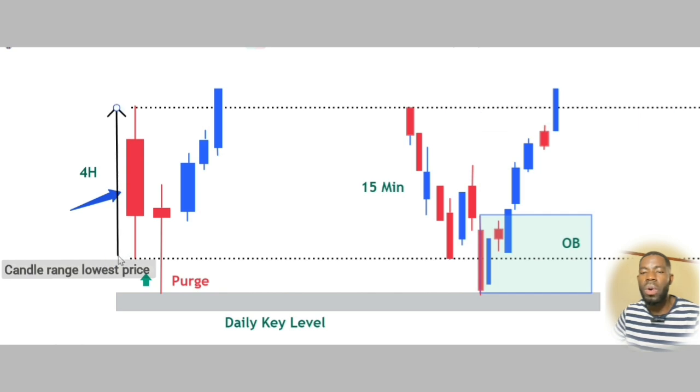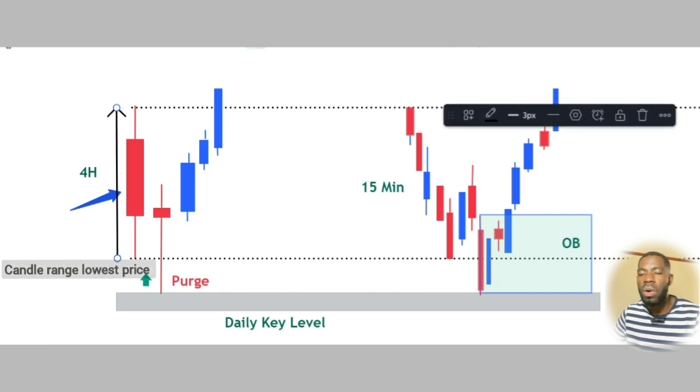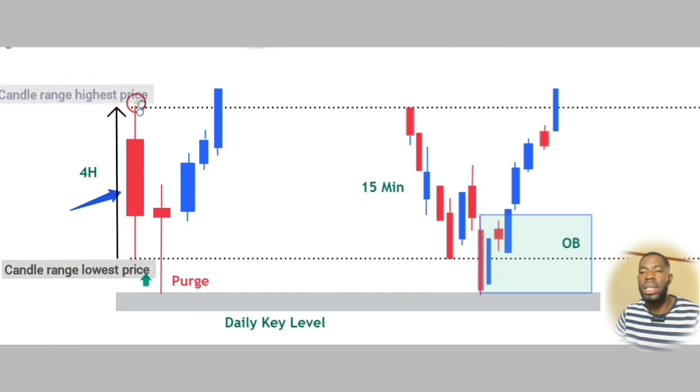In between this candle is the area where we are going to analyze and trade, just within here.